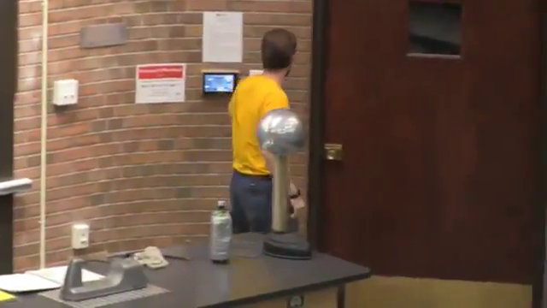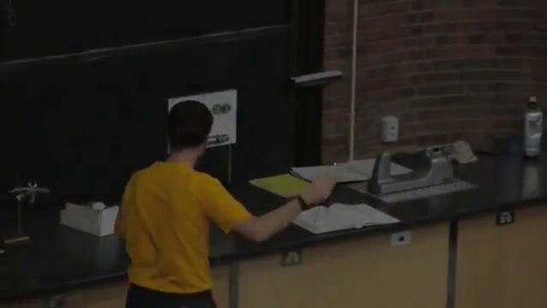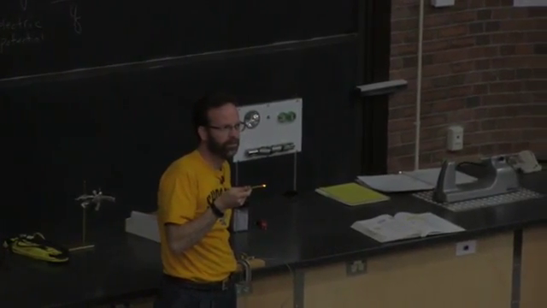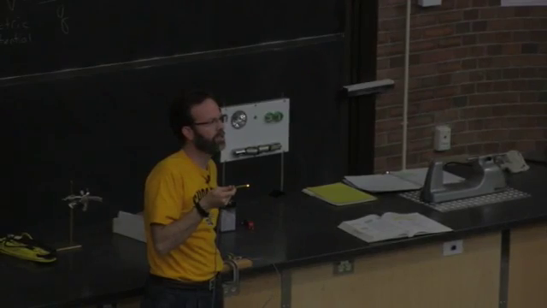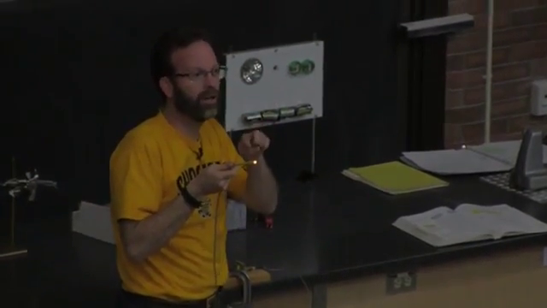Let's do a little demonstration here. This is an LED light bulb at the end of this wire. I turn it on. What color do you see? Yeah, it looks orangish to me too. This actually has a red and a green LED, two of them in there.